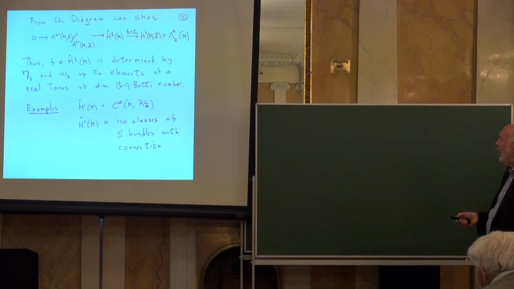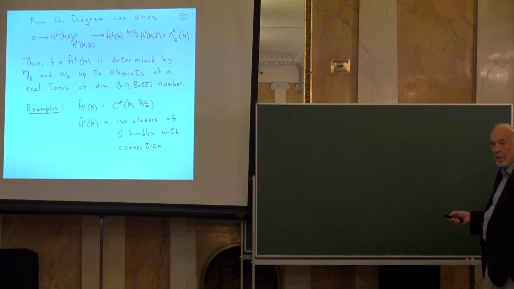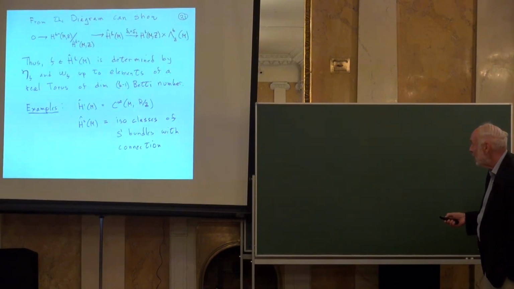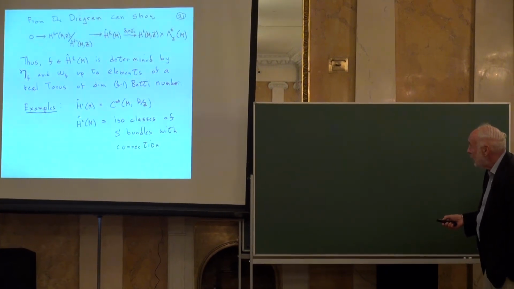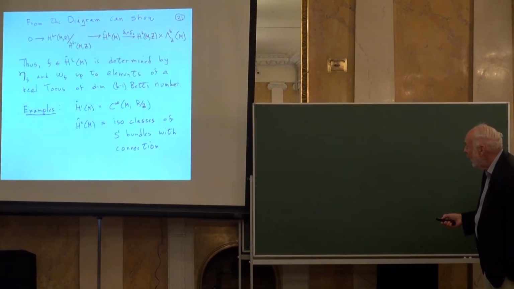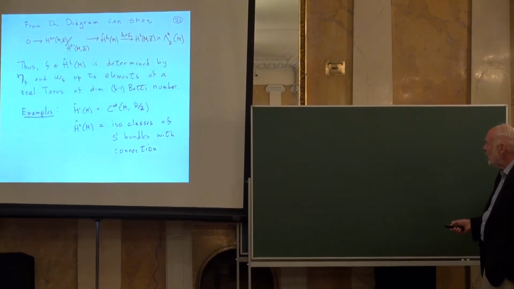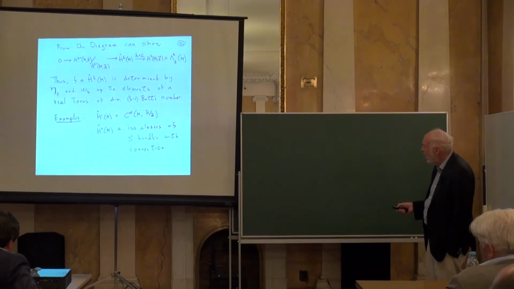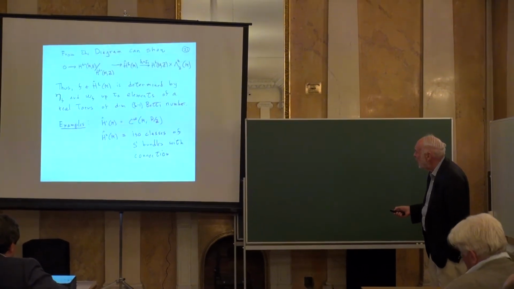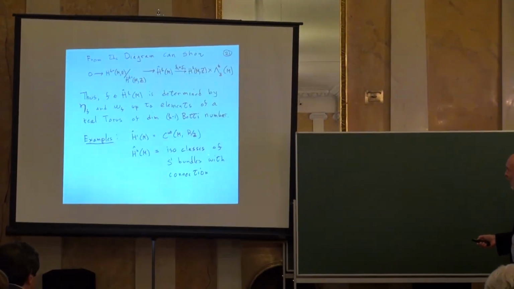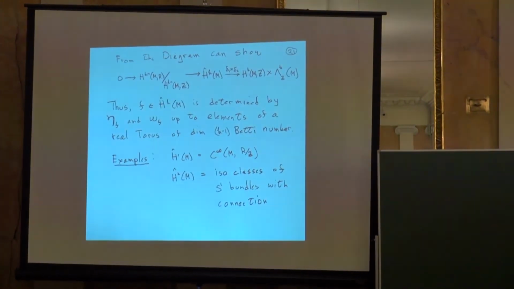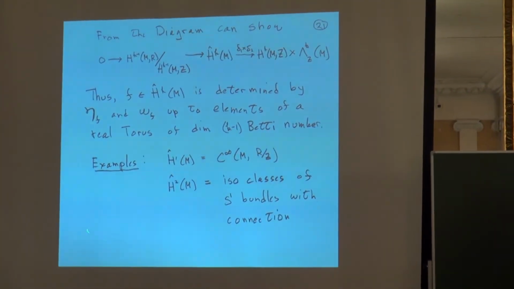Okay, so let's look at some examples. So what's H1? Well, that's just C infinity maps of M into the circle. Okay, that's a perfectly nice thing. And it turns out that H2 hat is isomorphism classes of circle bundles with connection. So that already is interesting. And it's really represented by the angle of holonomy.